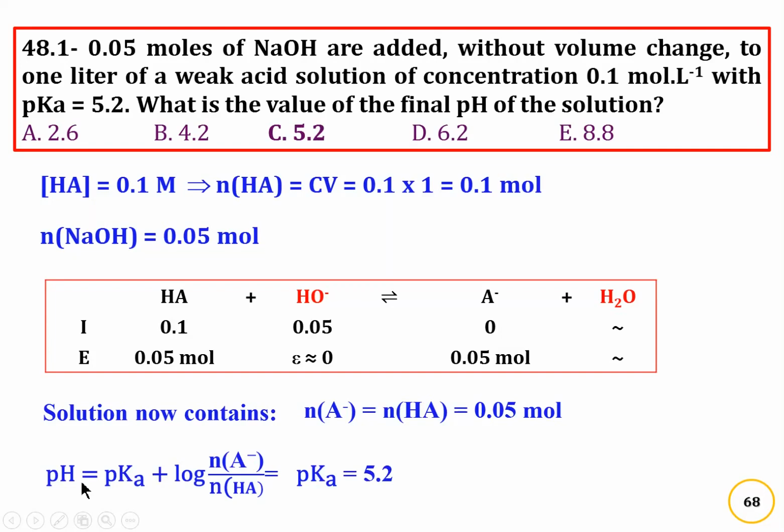We apply Henderson: pH equals pKa plus log of the base over the acid, and A- is practically equal to HA, so pH equals pKa, and the answer is A. This is a buffer solution, and this exercise is a clear example of the preparation of a buffer solution from a weak acid and addition of base in limiting quantity.